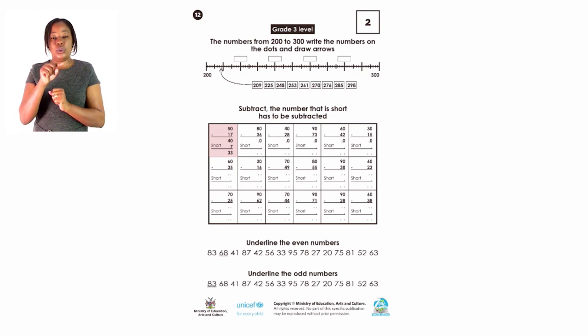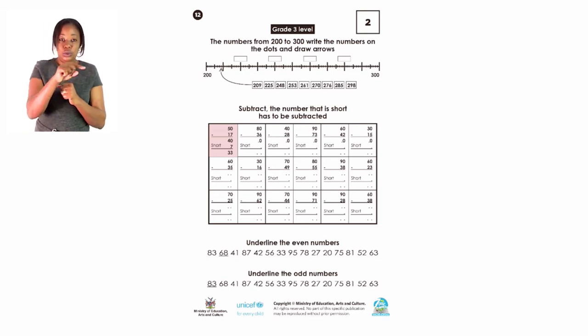And the next exercise, which is the last one on this page, is about the odd numbers. Now, what about the odd numbers? Remember, the numbers that we skip when we are counting in 2, they are our odd numbers. And what is the other way of identifying an odd number? If the number is too big, I can't count it and I can't call it properly. I just have to check the last number on the number.